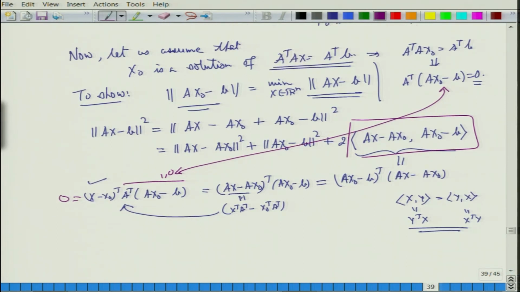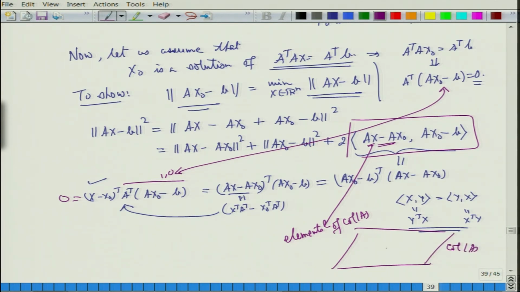It means that, look at this part, Ax means elements of column space of A, fine. So, any vector here minus this. So, I am saying that any vector, so if I look at this, I have a plane here which is the column space of A. So, Ax is any vector here that I am not bothered about, Ax naught is some fixed vector here.